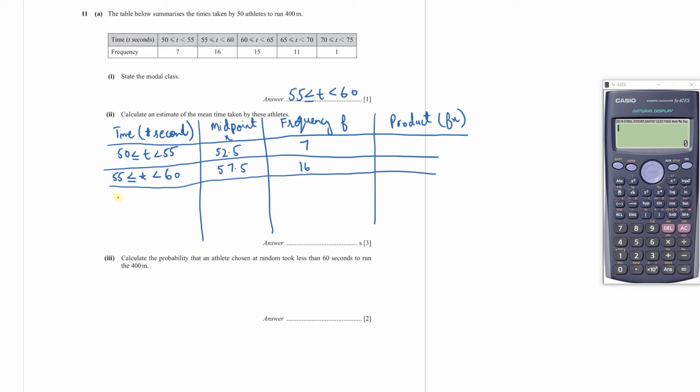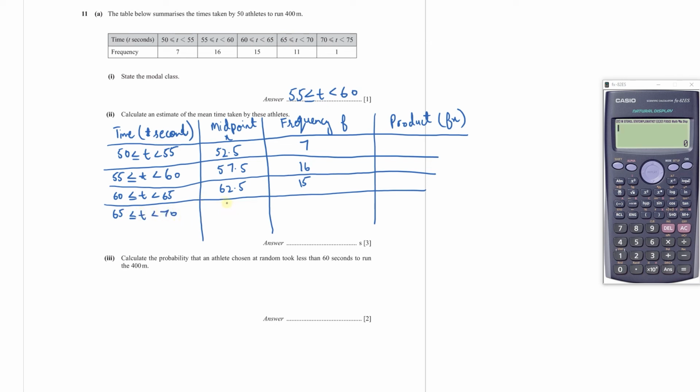Then you have 60 till 65, 60 ≤ t < 65. The midpoint here will be 62.5. The frequency is 15. Then the next is 65 to 70.